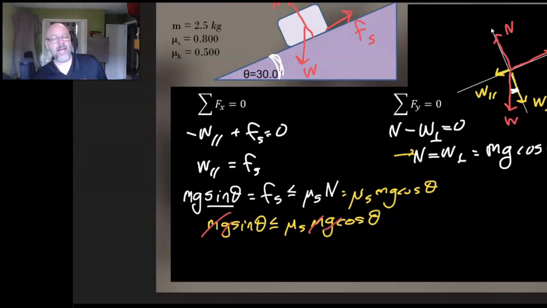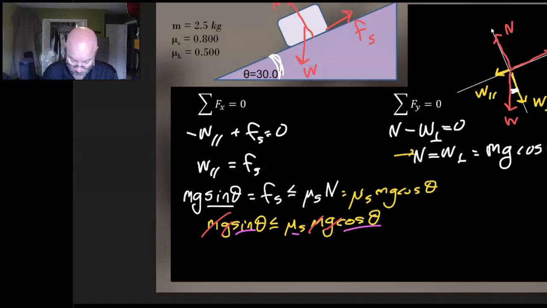So it doesn't matter what planet you're on. The g's went away. It doesn't matter what your mass is. It could be a big, huge, massive block, or it could be a pebble. It doesn't make any difference. We ultimately get this relationship involving sine, mu, and cosine.